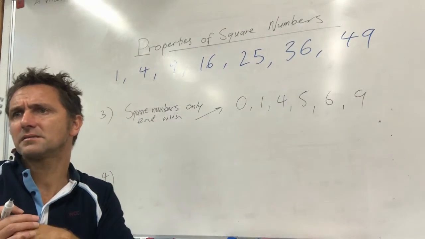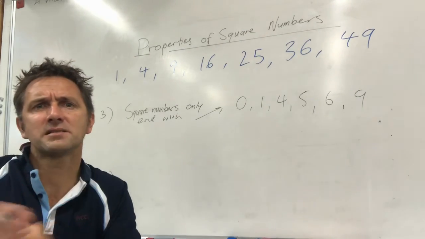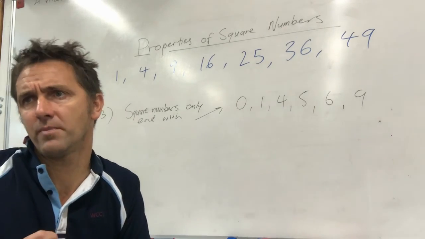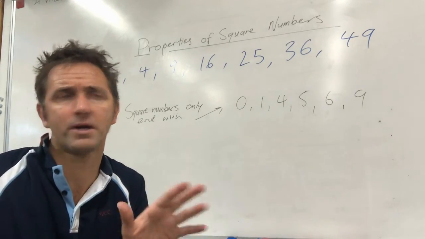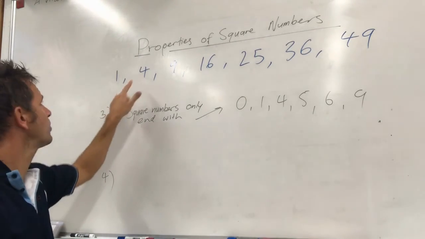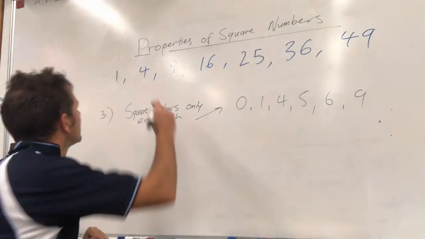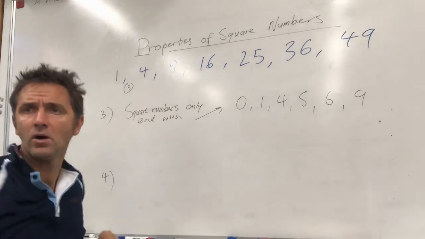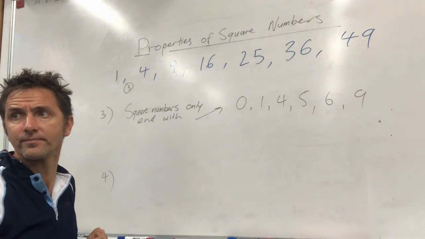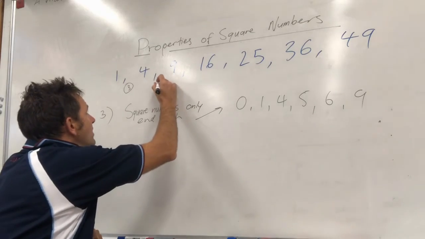Here's my last property. I think this is the best property, but it's a bit tricky, so you're going to have to work it out with me. What's the difference between 1 and 4? 3. What's the difference between 4 and 9? 5.